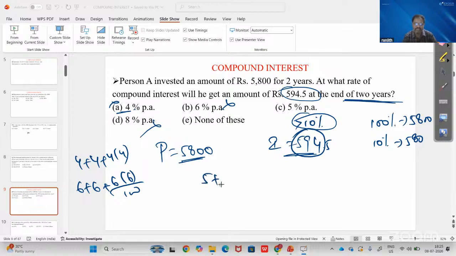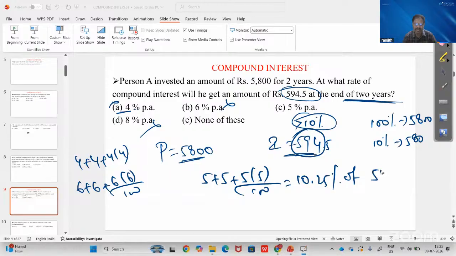That is 5 plus 5 plus 5 into 5 by 100, which will be equal to 10.25. So 10.25% of 5800, where 10 percentage equals 580, and 0.25 is nothing but 1 by 4th of 58, which equals 14.5.